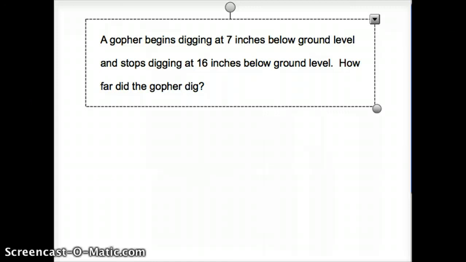I'm going to do the got it with you guys right now to see if you guys can figure the word problems out. A gopher begins digging at 7 inches below ground level and stops digging at 16 inches below ground level. How far did the gopher dig? Well, you want to find the distance between -7 and -16.